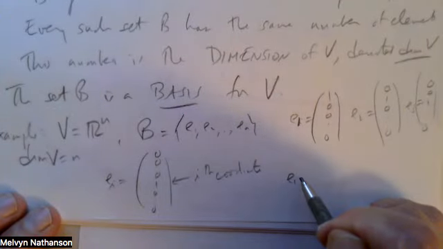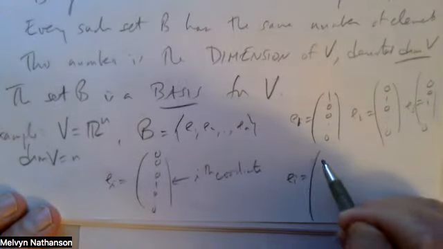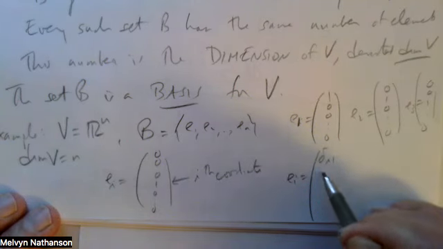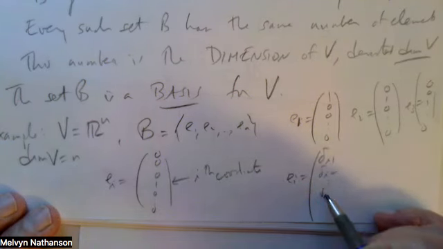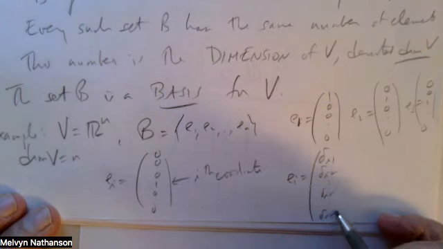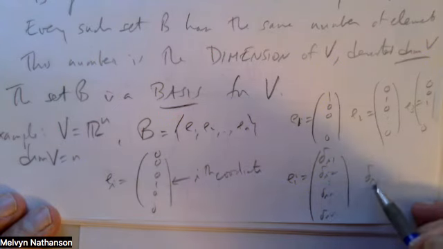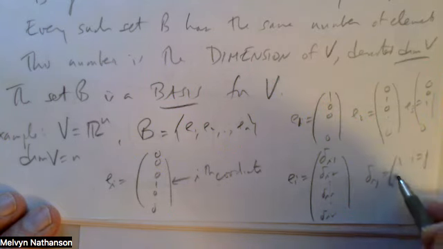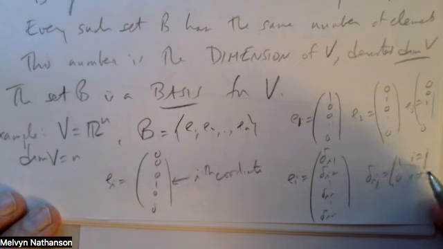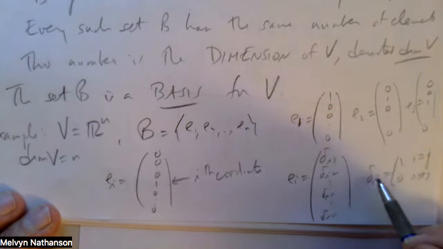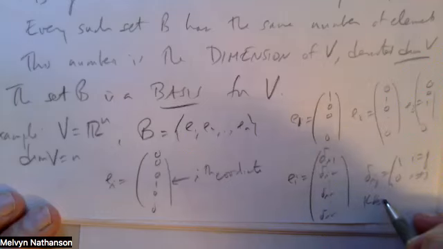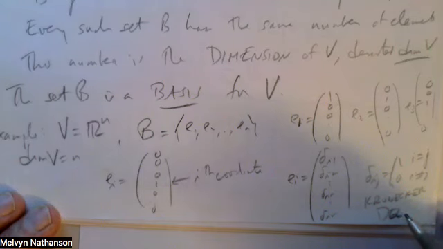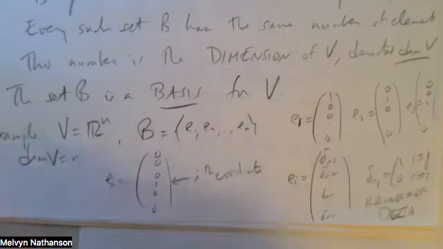One can also write this vector E sub I as delta I1, delta I2, up to delta IN, where delta IJ is defined to be 1 if I equals J, and 0 if I is different from J. This function, delta IJ, is called the Kronecker delta, which we see all the time in mathematics in general and linear algebra in particular.